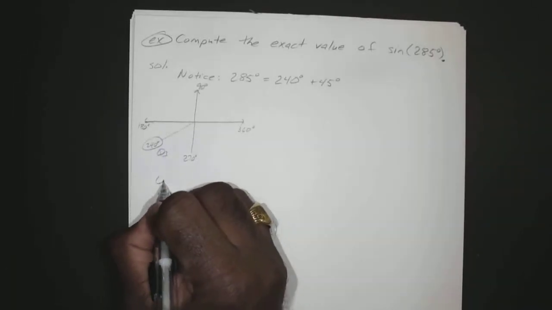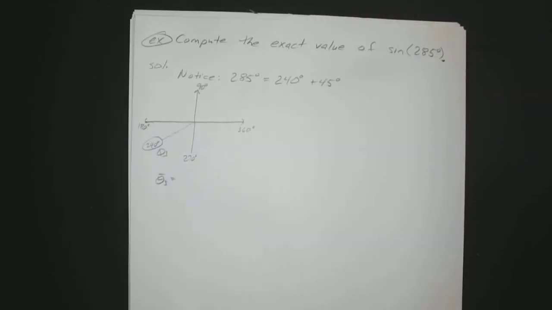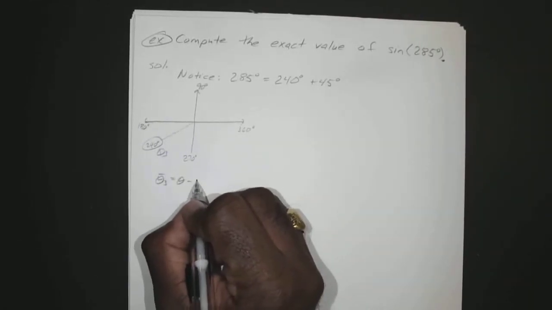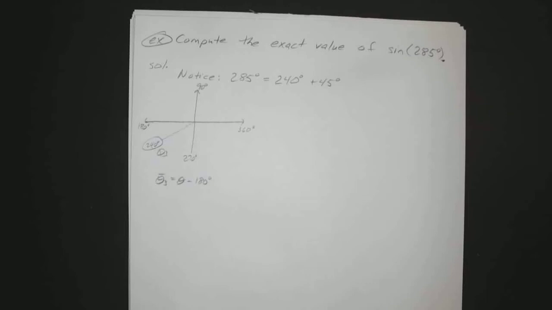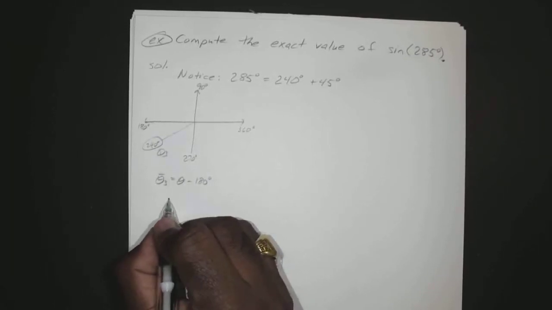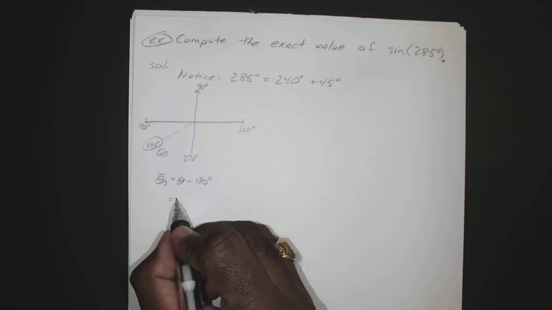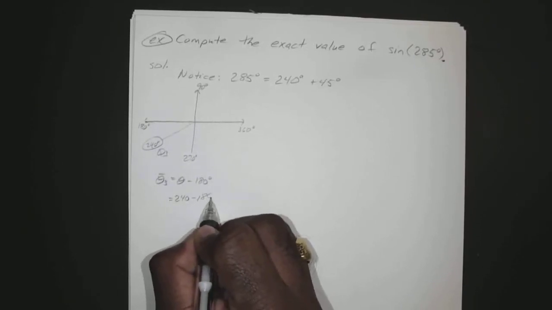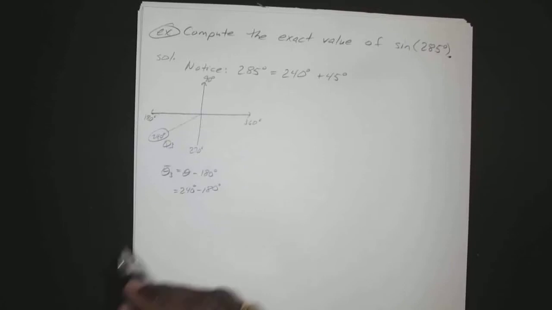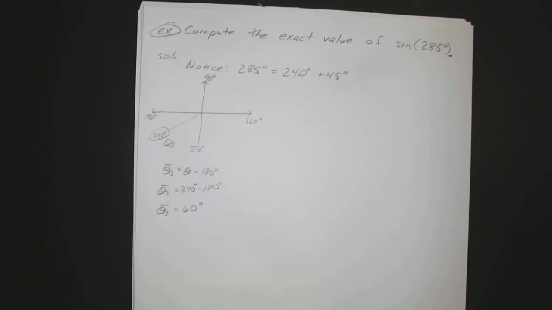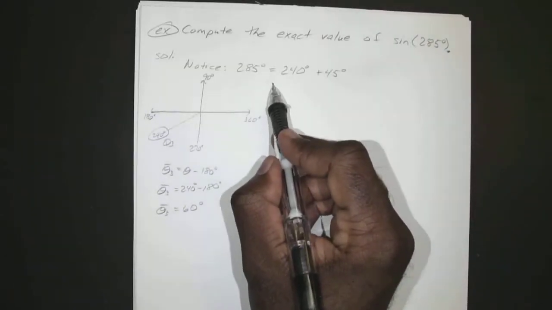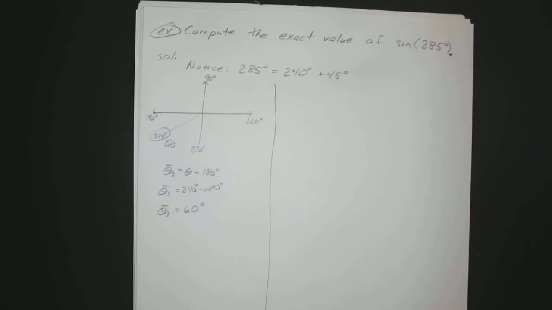Okay, so our reference angle in quadrant 3 is equal to theta minus, well, instead of pi, 180 degrees. Which is 240 minus 180. Which is 60. So our reference angle in quadrant 3 is 60 degrees. Okay, so right now we're just going to block that off because we're going to see exactly why we need that.